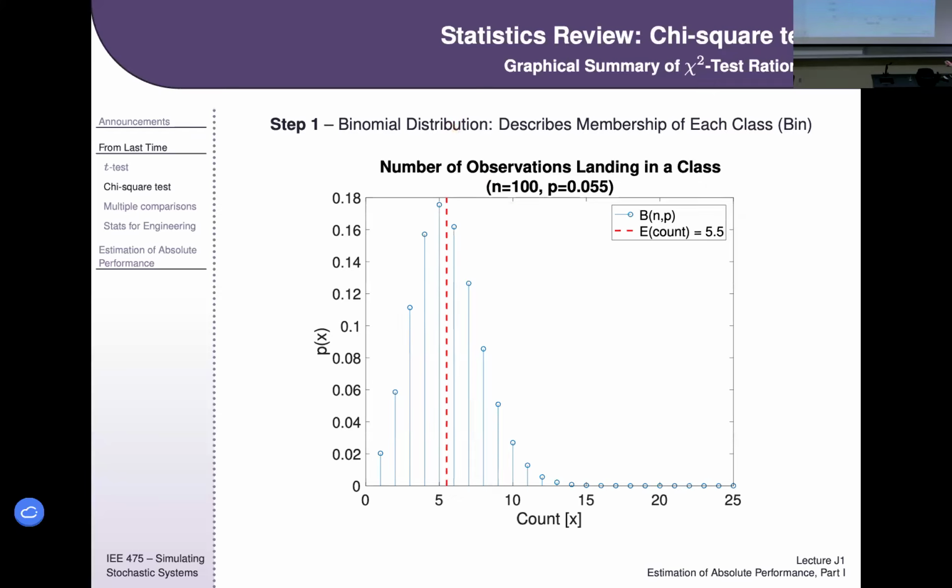Remember, it describes, if you know the probability that an event is going to happen, how often that event will happen given a number of trials where it could or could not happen. If you imagine this is a chi-squared test with 2 bins, then the binomial describes the count of the things in bin 1. And then bin 2 is whatever's left over, it's slack.